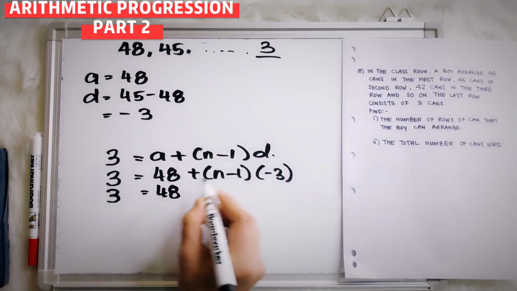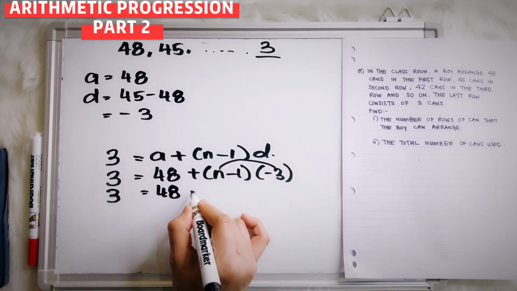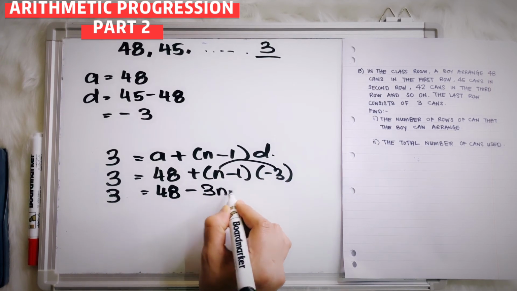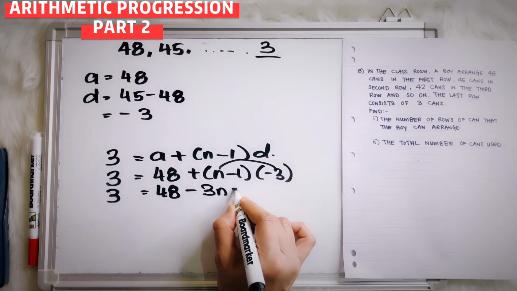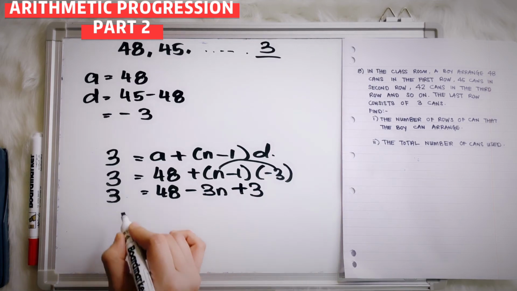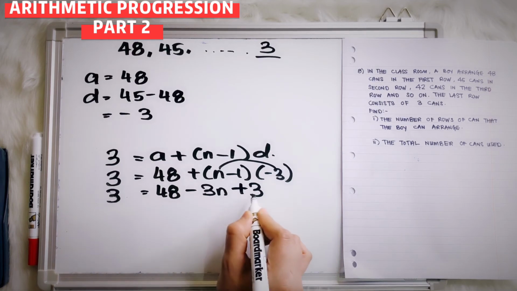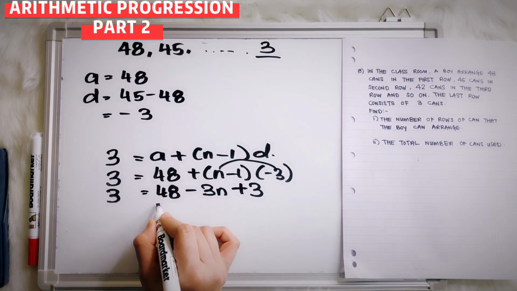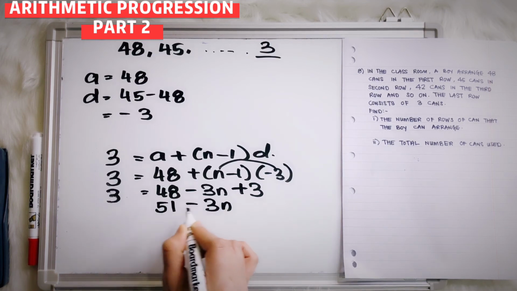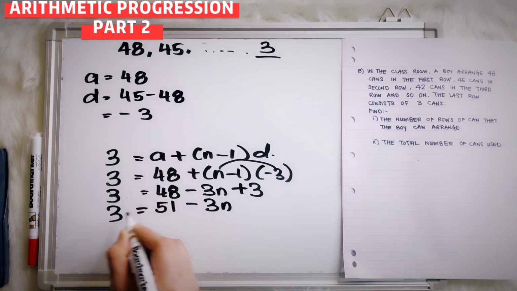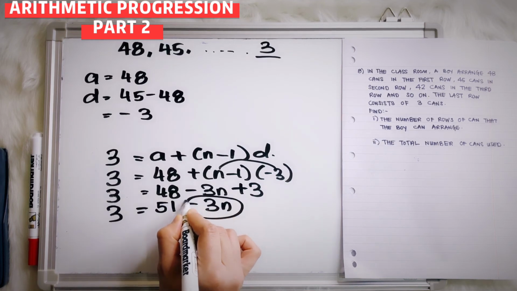We expand here: negative 3 times n is negative 3n, and negative 1 times negative 3 we have positive 3. So 48 plus 3 we have 51 equals 3 minus 3n. So I'll bring 3n to this side.